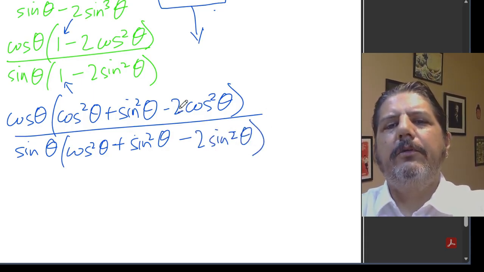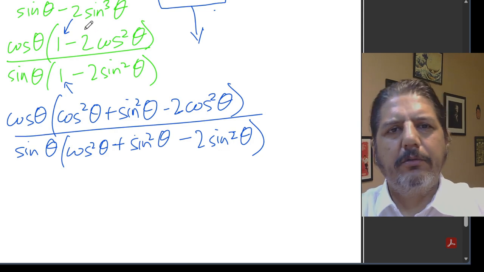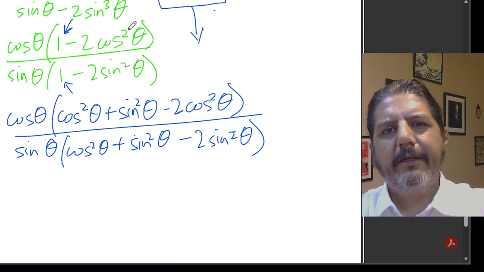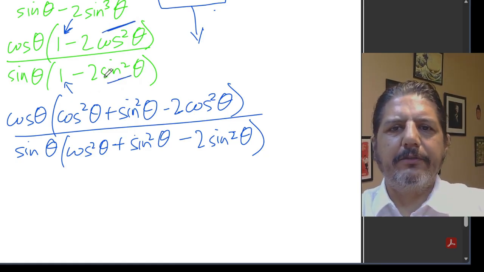So now you might ask, why did I do this? I did this because I can see some cos² and sin² here. So that is why I manipulated this 1 as sin²θ plus cos²θ.